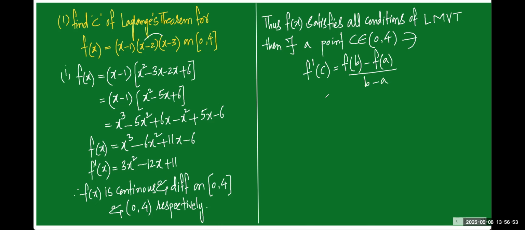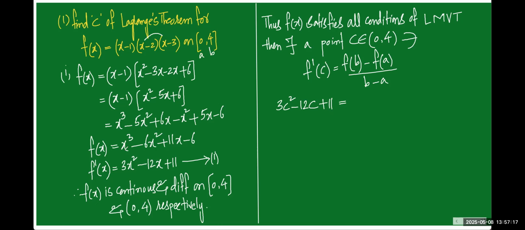Now F dash of C value we can get from here. Look at equation number 1, you can get the F dash of C value from it. Replacing x with C, we get 3C square minus 12C plus 11 is equal to F of B. F of B means here A value is 0, B value is 4.